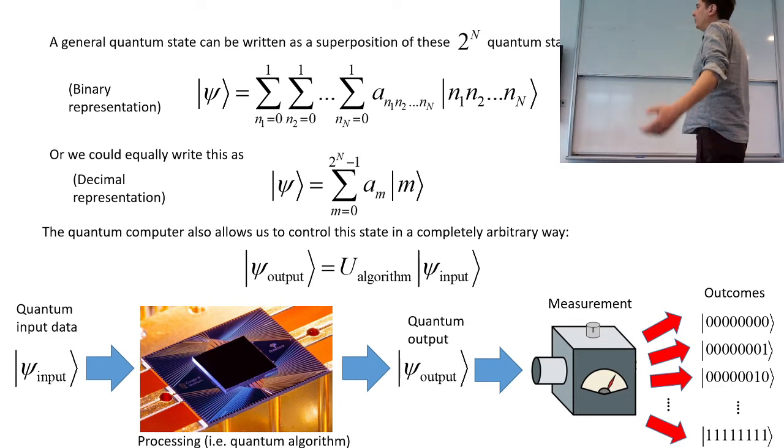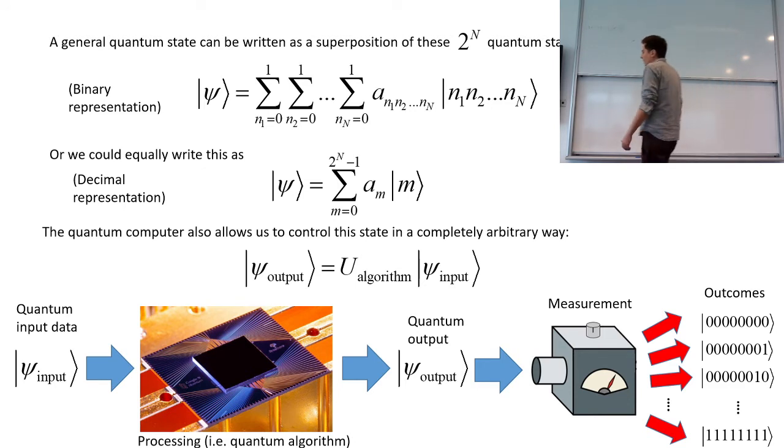Basically, what a quantum computer does is execute this sequence at the bottom. We start with some input state, and there's some kind of quantum algorithm that we perform.